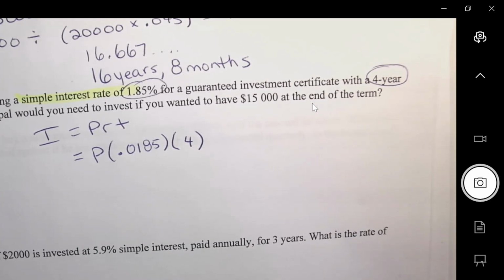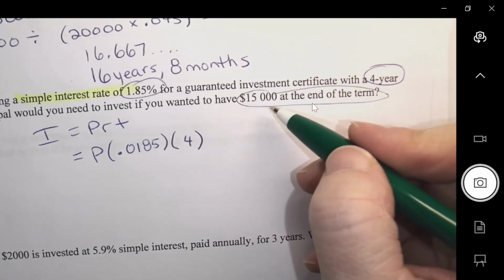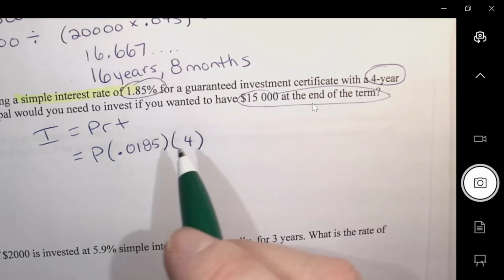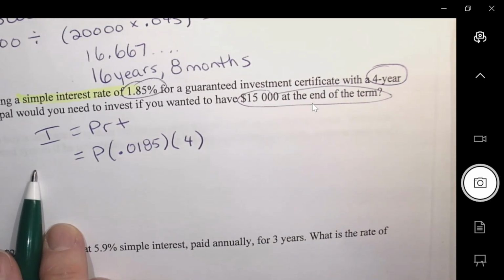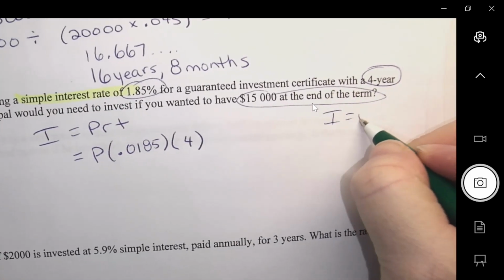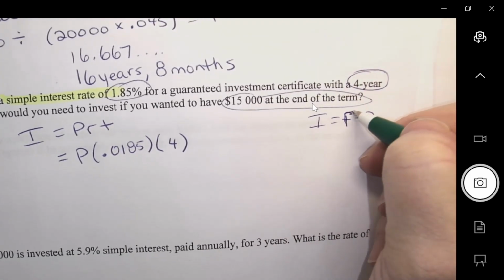Okay, this one's a little bit tricky. The 15,000 is not what we want there. We want to have 15,000 at the end. So that's not interest. What is interest? Interest equals final minus principal, right?